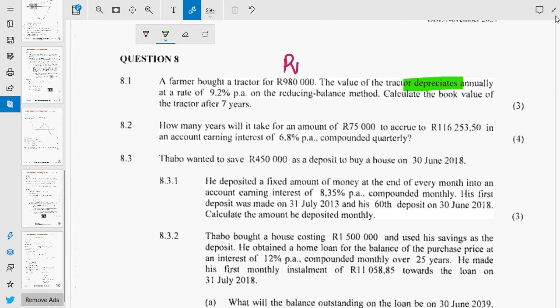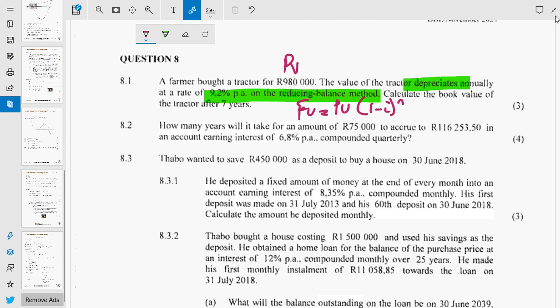That is very important because that will determine our formula. Annually at a rate of 9.2% on a reducing balance method. So that means that the future value or the book value is equal to the present value times (1 - i) to the power n.